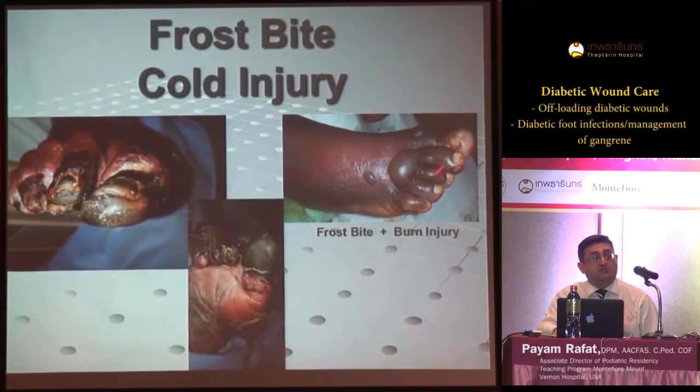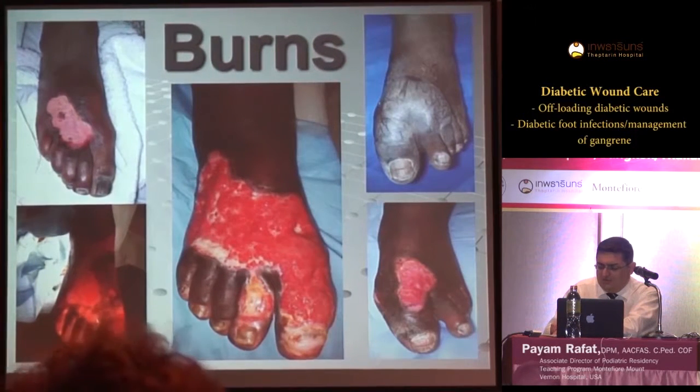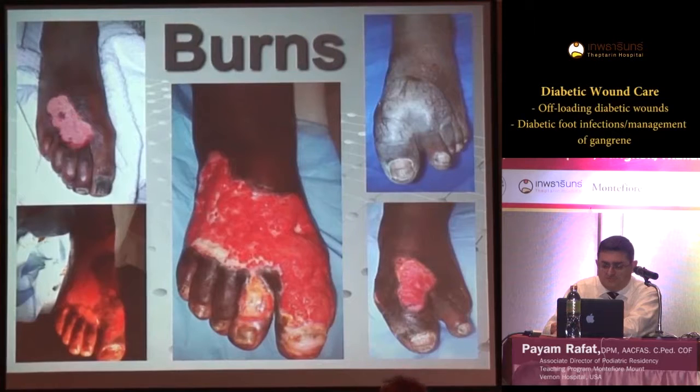I know here in Thailand we don't have too much of this problem, but in New York, where the weather is cold, we definitely have a lot of frostbite coming into the emergency rooms every year. Also, burns are common, especially during the winter times. People in New York, if their feet are cold, will sometimes put them up against the radiator, not noticing that it's too hot, and they may get burns and blisters.